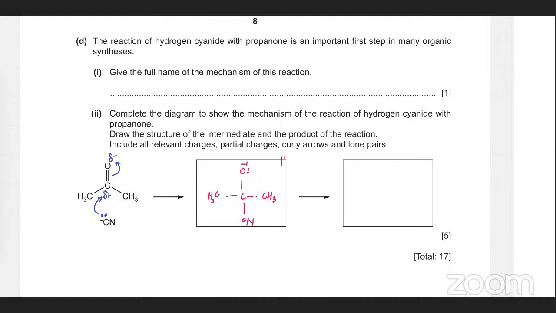In the next step, H plus from HCN is going to come in and complete the structure. So it's going to be CH3. This is going to be CH3 as well. At the bottom, there's going to be CN. This is known as a cyanohydrin, with OH as well as CN, both of them. Okay, so we are done with this question.